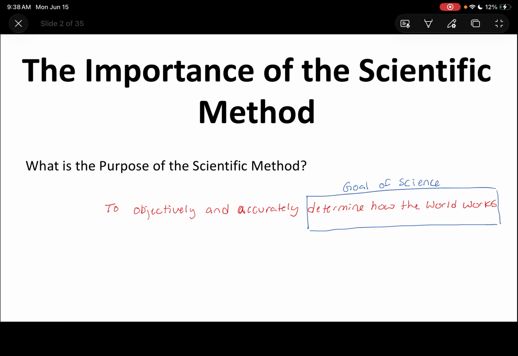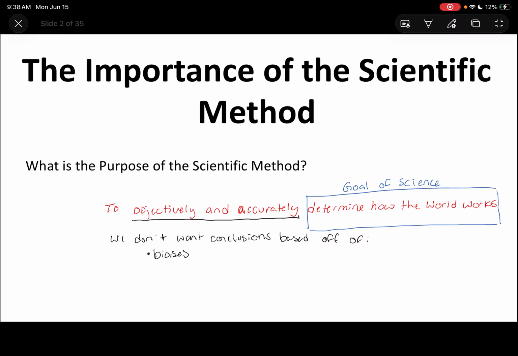And so we need this method to help keep the process objective and to make sure that we come up with an accurate conclusion at the end of the day. So if we are now defending this, we don't want conclusions based off of biases, okay?